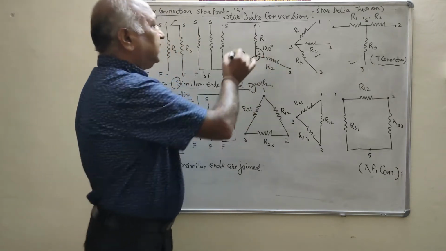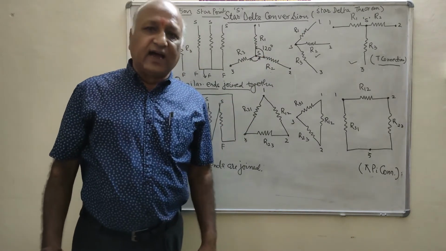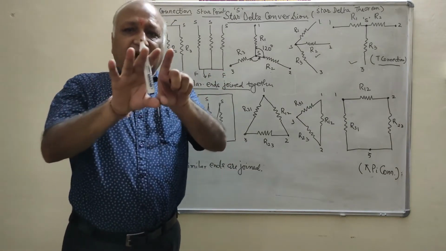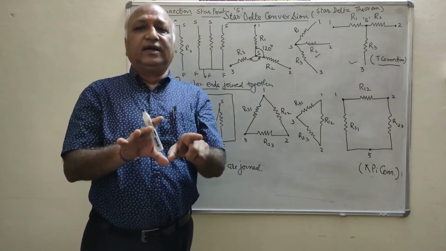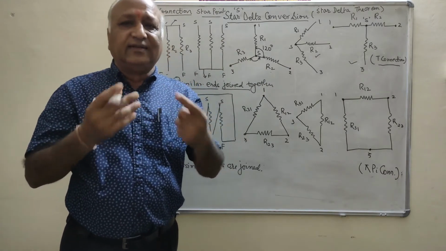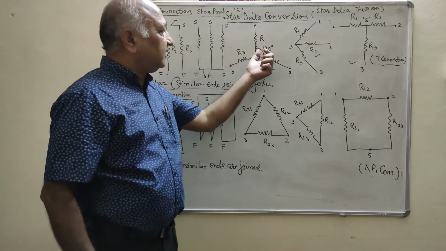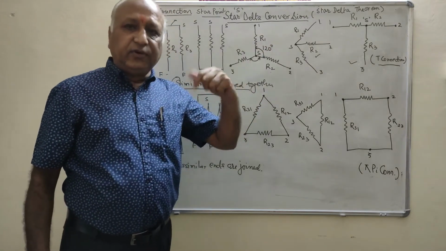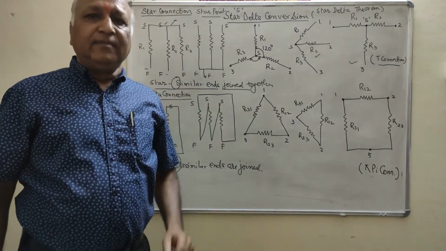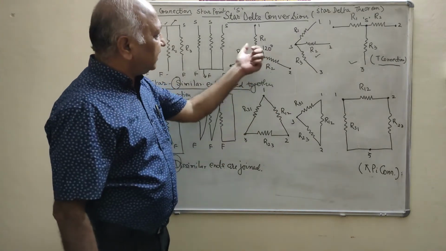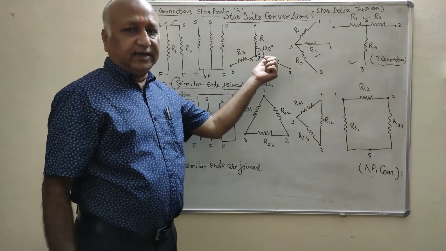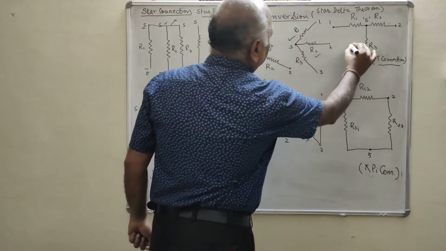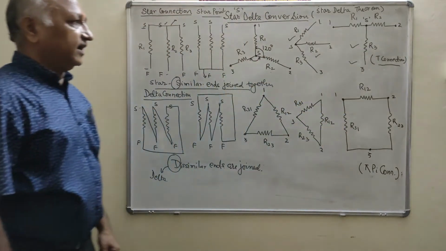It will be 120 degrees in the three-phase star connection, because the three coils are displaced at 120 degrees to each other, or you can say these three resistances are equally spaced in the space angle. As you know, the space angle is 360 degrees divided by 3, and you get 120 degrees. So this is the star connection.